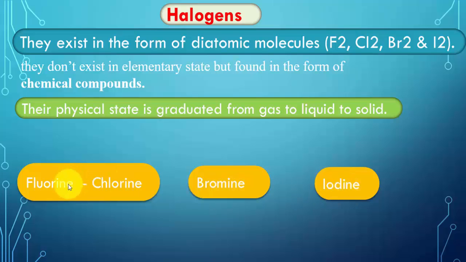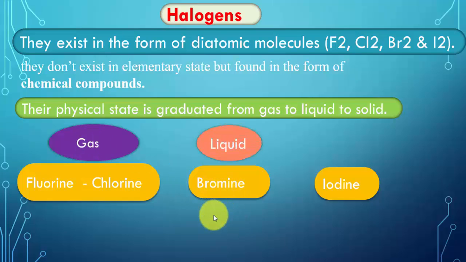So we are talking about the physical state of each of these elements. Fluorine and chlorine are considered gas, but bromine is liquid, iodine is solid. So it graduates from gas, liquid, solid, from up to down.